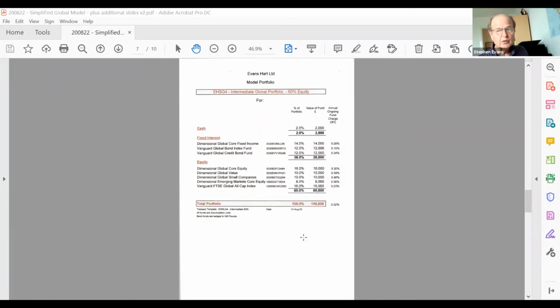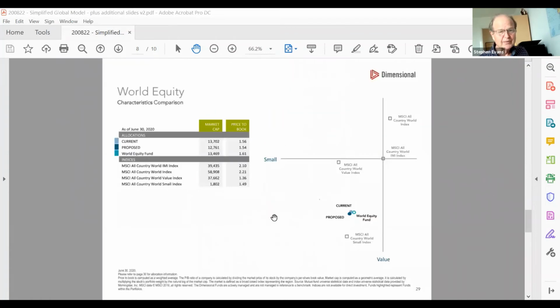So good value funds, invest for the long term, stick to your objectives, and all the evidence shows that you would gain long-term advantage.